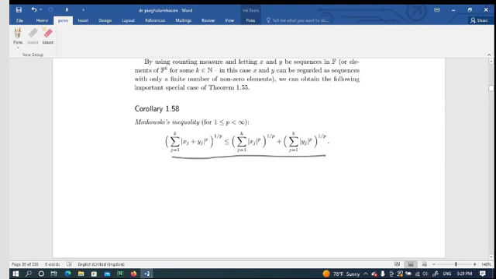The sum of the absolute value of xj plus yj to the power p, all to the power 1 over p, is less than or equal to the sum of xj to the power p, all to the power 1 over p, plus the sum of yj to the power p, all to the power 1 over p.